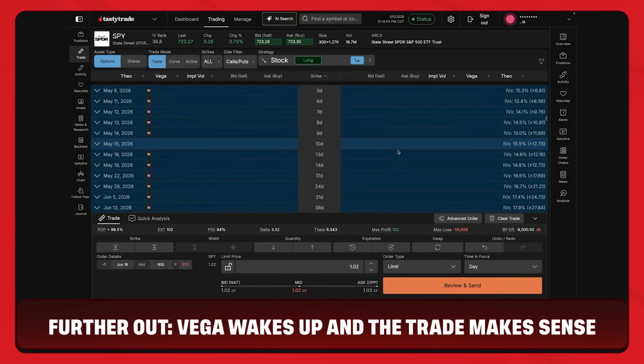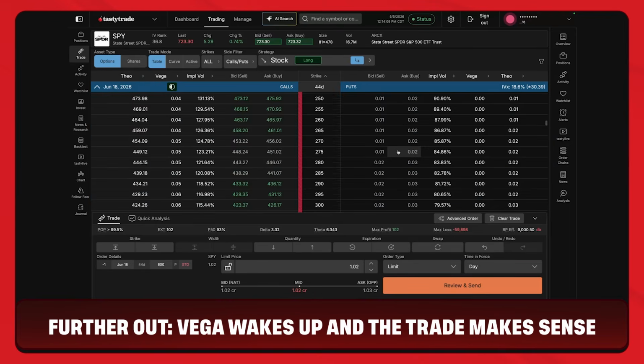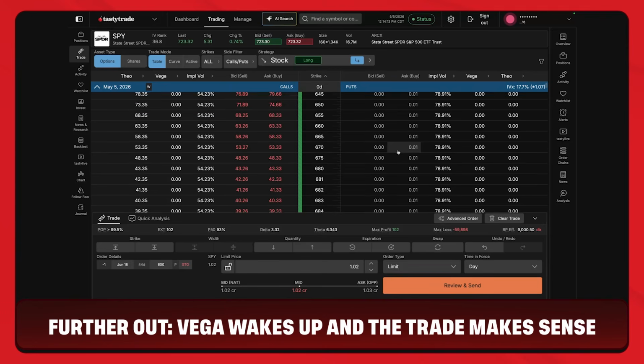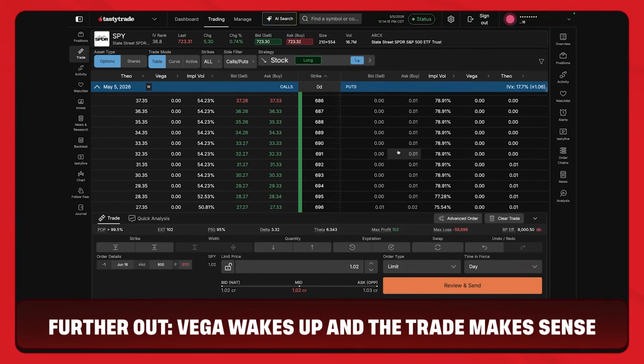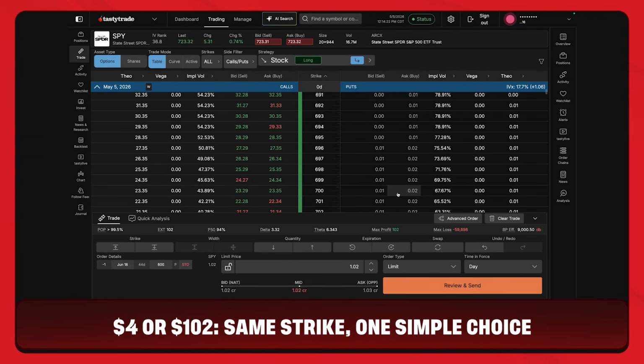What happens as you approach expiration, look at what happens. Let's go strike by strike. I was at the 695s, so let's say the 700s. 700s with zero DTE, 67.7% volatility, zero Vega.